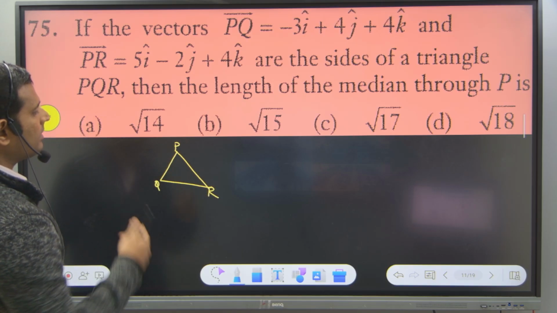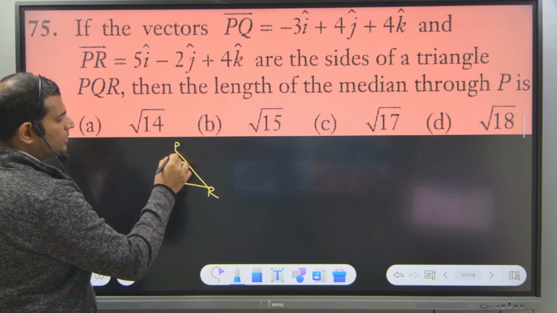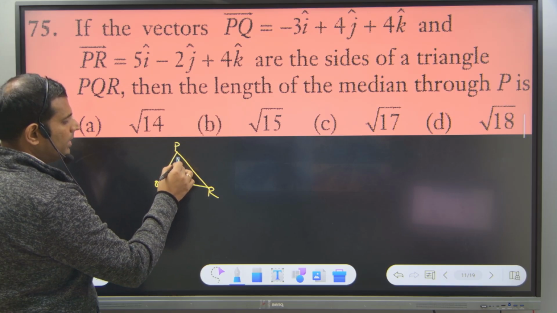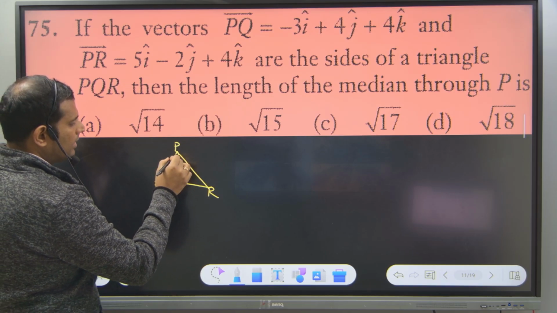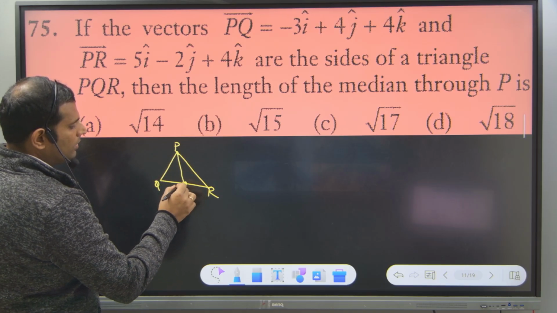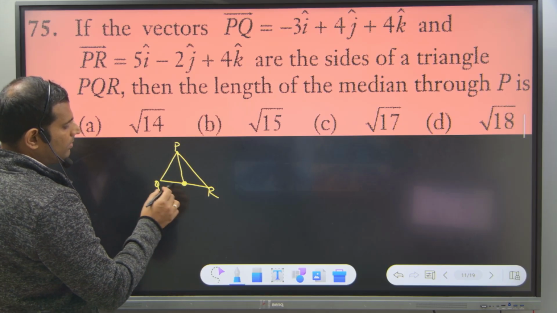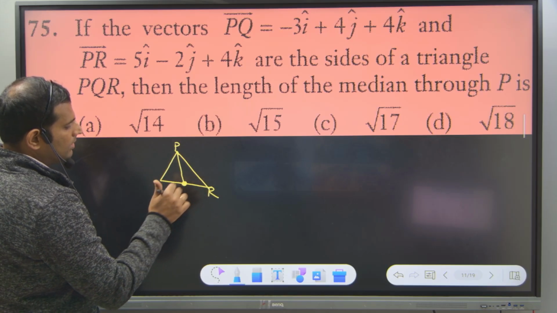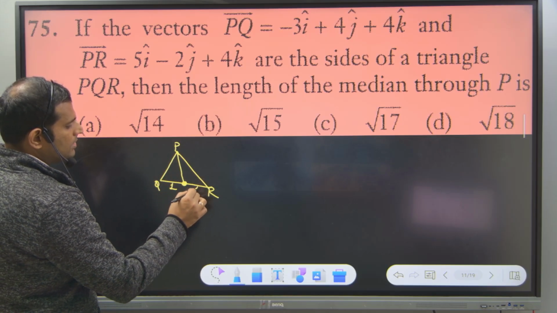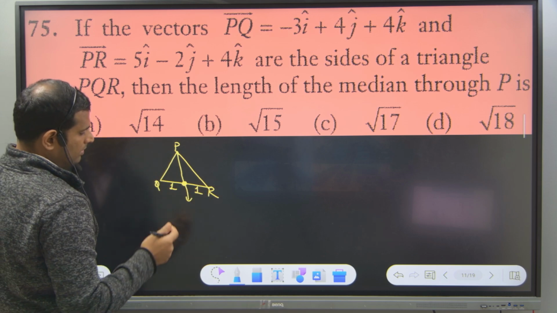What does median mean? Median from P should intersect the midpoint of the other side, right? So what do you think this coordinate will be using the midpoint formula? This QR must be divided in the ratio 1 is to 1. So what is this point then?